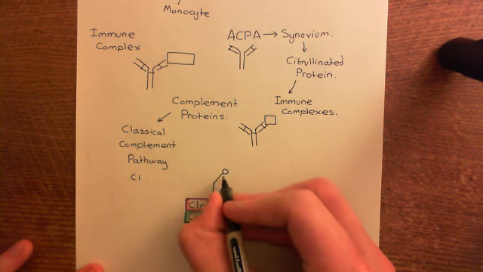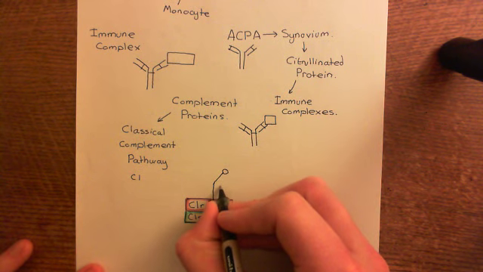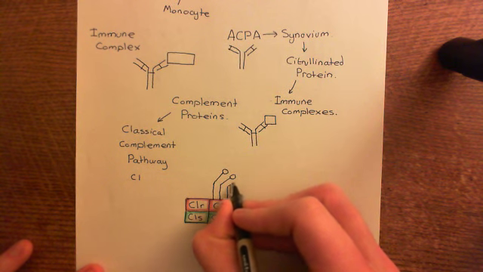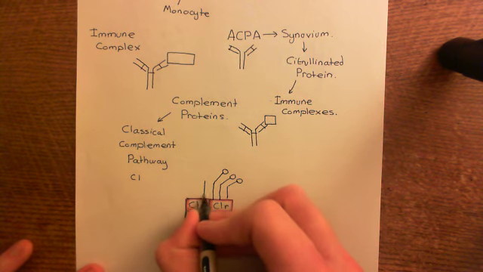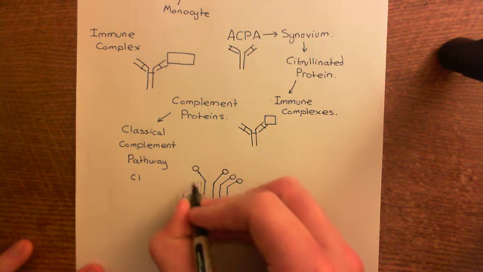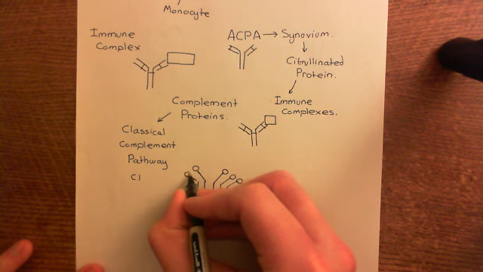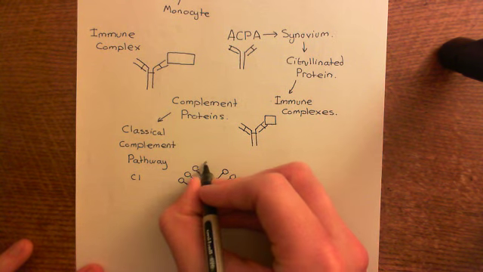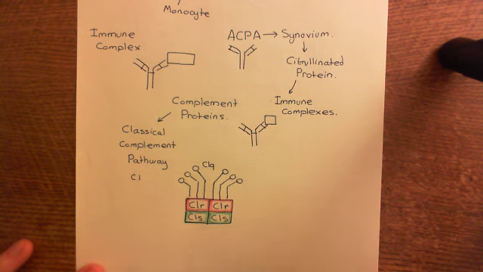This is the structure of a C1Q protein. It has this fibrous portion and then this little head up here. And you'll have another one here and another one here, and then 3 more on this side. This is the normal way that the C1 protein complex is denoted. So we have these 6 C1Q proteins.